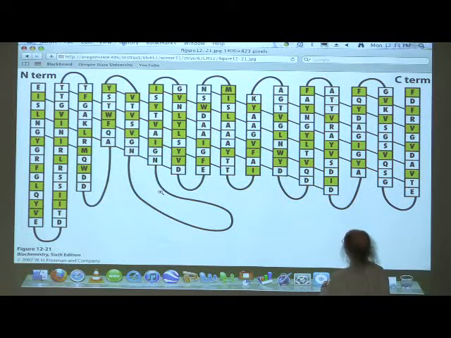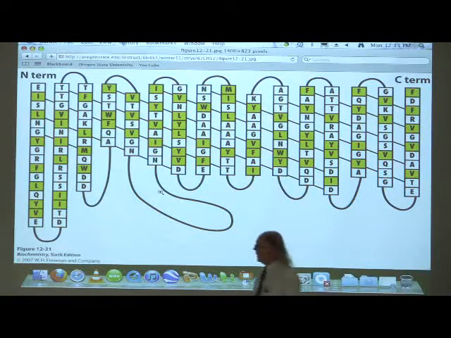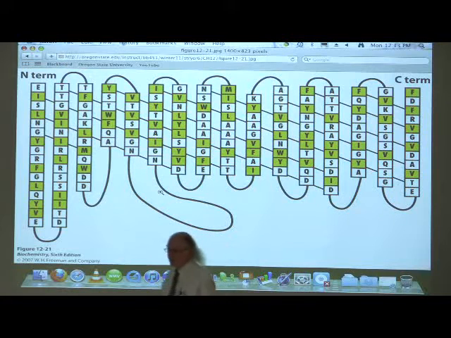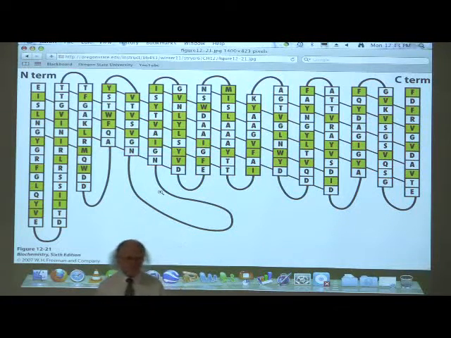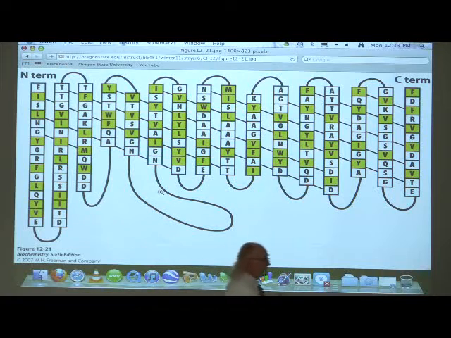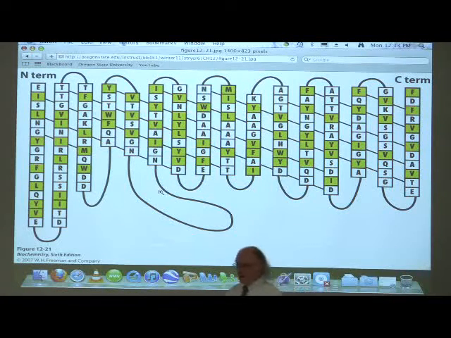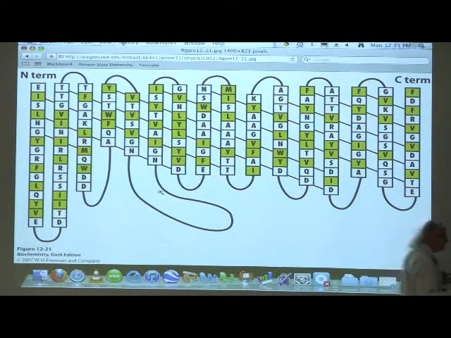You can see there's a whole bunch of them on this particular guy right here. And all the yellow guys are very nonpolar amino acids. Okay? We're not going to predict for the most part whether or not something is a protein that we would find in a membrane or not. But I think you should know that membrane proteins can be identified by their amino acid composition and orientation as being different from cytoplasmic.